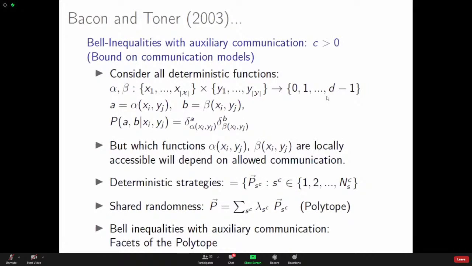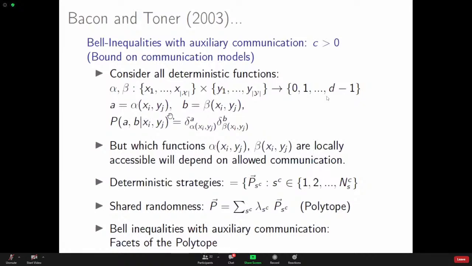When one allows some communication, like C greater than 0, then the outcome of Alice can be a function of both the measurement of Alice as well as Bob, because this communication may carry some information about the measurement of the other party.